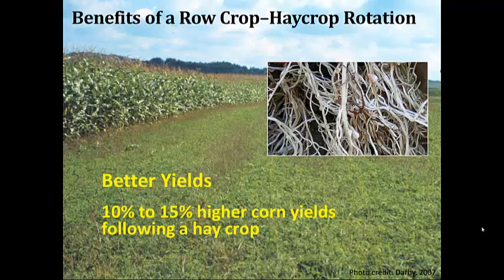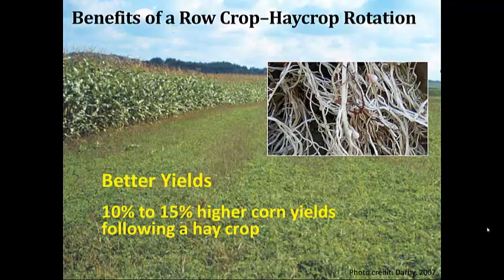And one of the benefits is just better yields. Oftentimes we see a 10 to 15% higher corn yield the year following a hay crop, and this can be attributed to many aspects, such as better soil tilth coming out of a perennial crop. You have nutrients that are made available from the hay crop decomposing, or the perennial crop.